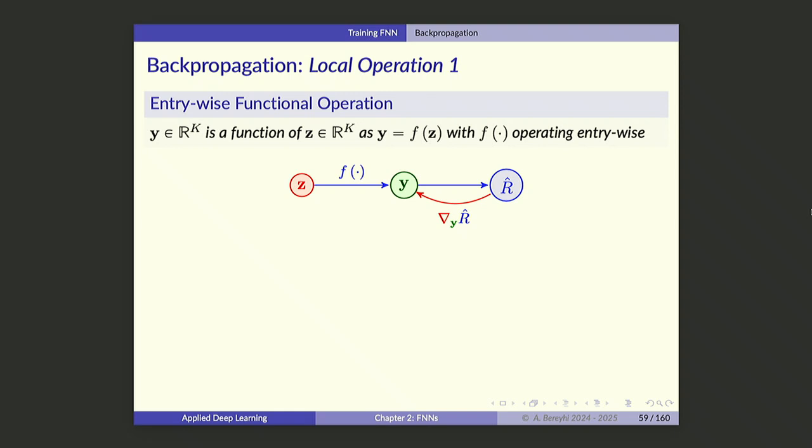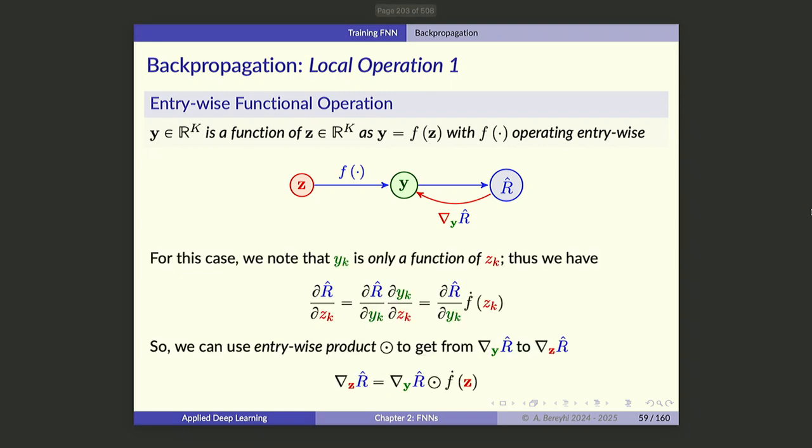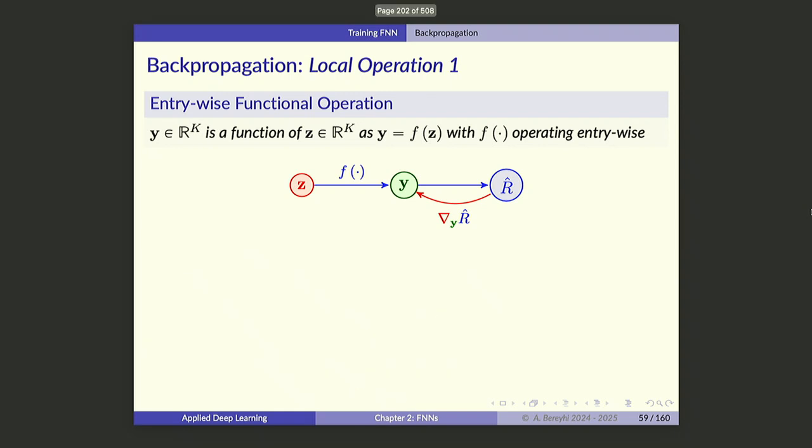Now, let's just open it up. So I want to compute the gradient. First of all, I told you that y has k different entries. You see it here? Now, how many entries does the gradient have? k, right? Now, what about the next derivative that I compute? What kind of derivative is the derivative of r hat with respect to z?